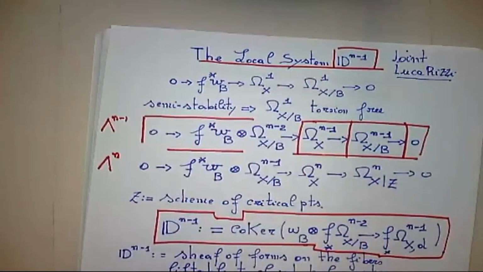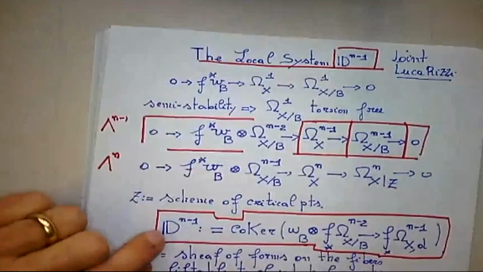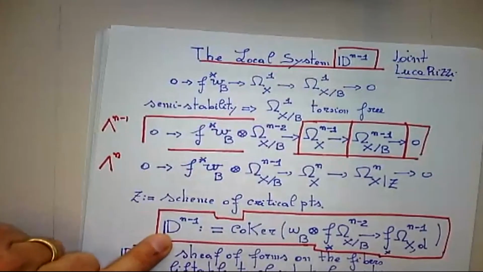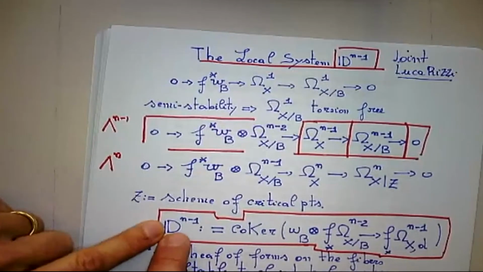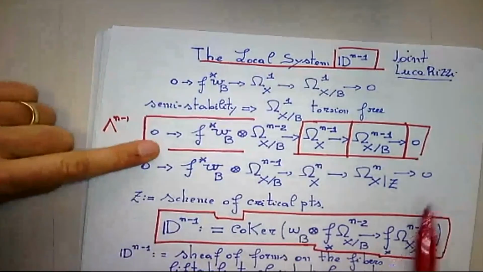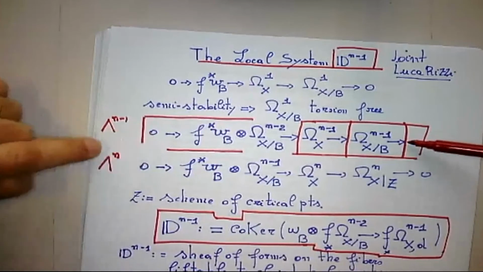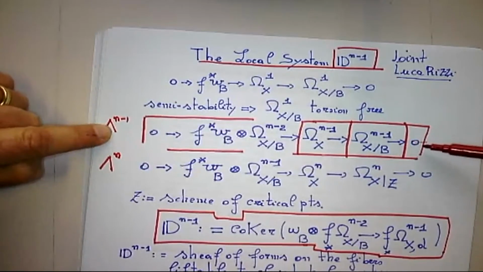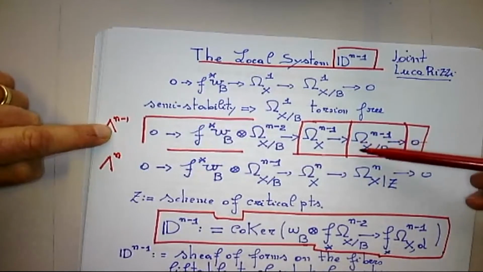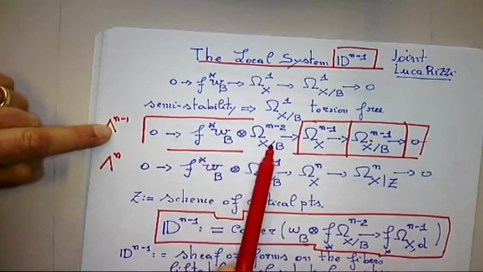In the end, when you know where you want to arrive, you want to arrive at n-1 forms on fibers. So then you take this object. What is this object? It's something very easy. Essentially, you could look at the push forward of this sequence, and I guess you can see in your mind. And you should have a morphism from F lower star of this sheaf to R1 F lower star of this sheaf.